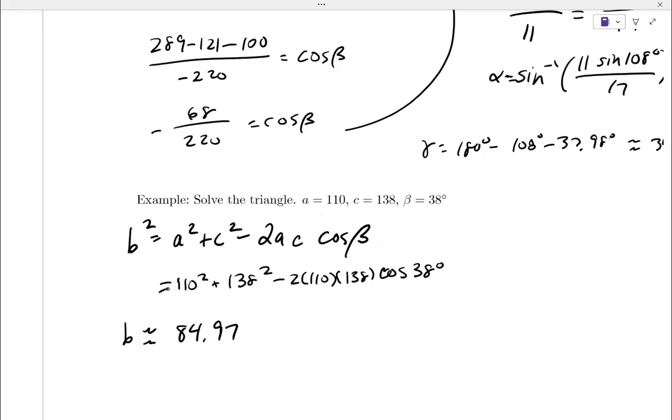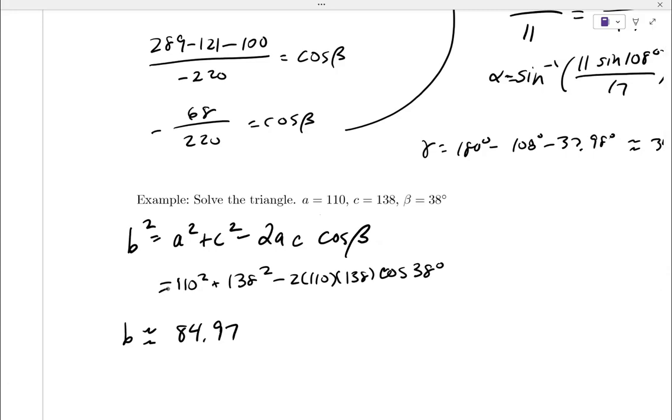If I want to use the law of sines, I don't want to use it to try to find the biggest angle, because that's the ambiguous case, right? I don't know if it's acute or obtuse. So if you use the law of sines at this point, I want to use it to find alpha rather than gamma. I want to use it to find the smallest one because I know the biggest side is across from C. I just don't know if it's acute or obtuse.